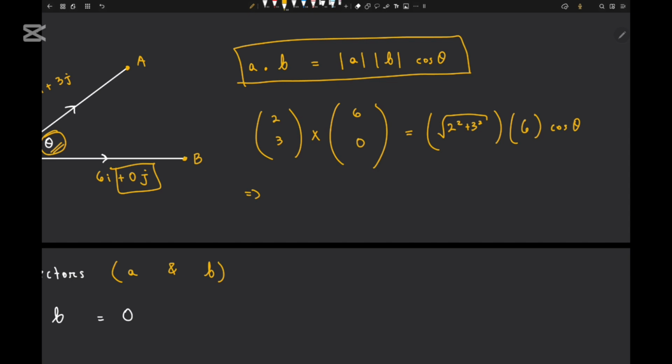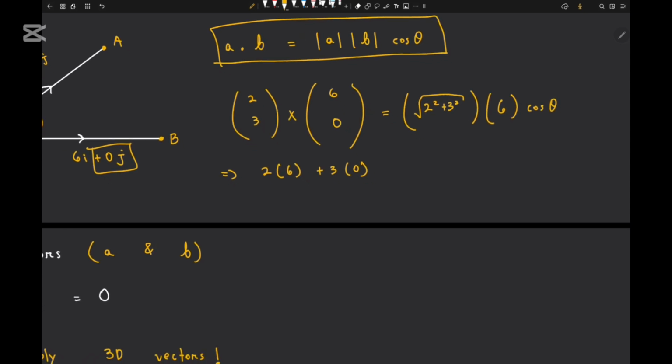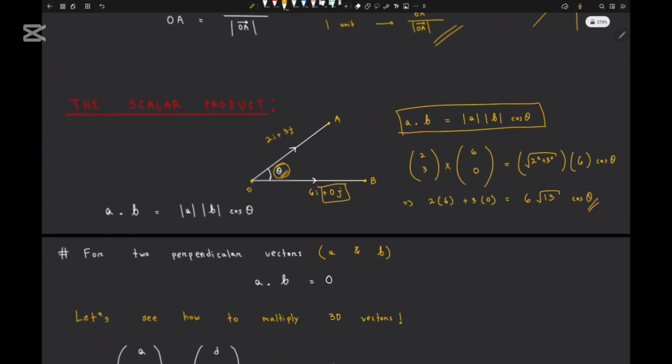If we multiply these two vectors, it will be 2 times 6 plus 3 times 0. We will learn how to multiply vectors in the next part, but for now just think of it like this. This is 6 root over 4 plus 9, which is 13, cos theta, and from this equation you can easily find out the value of theta. This is actually known as the scalar product theorem.